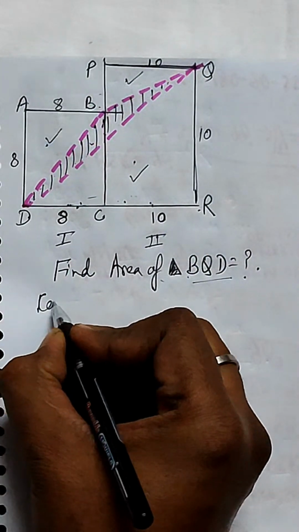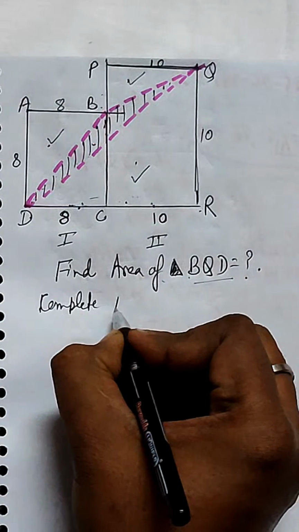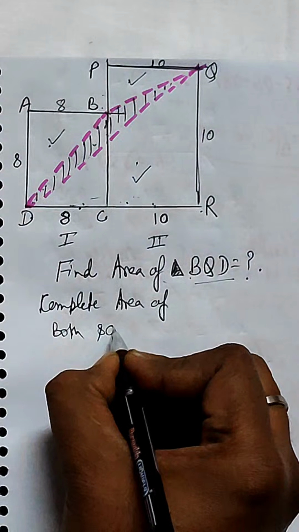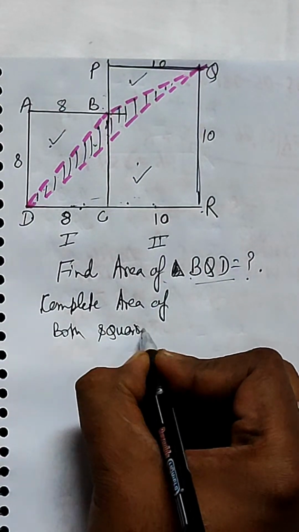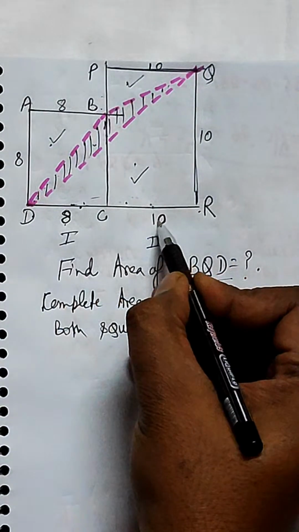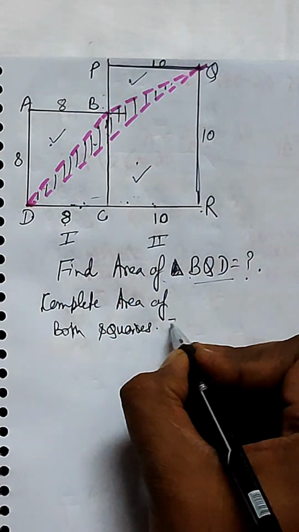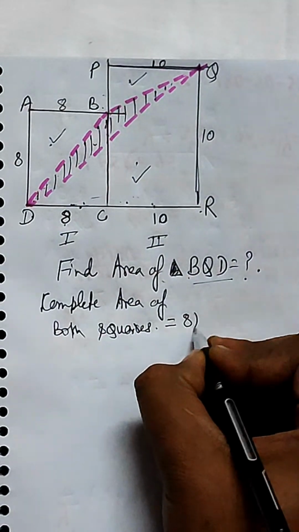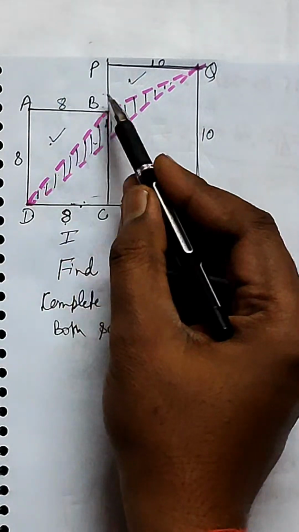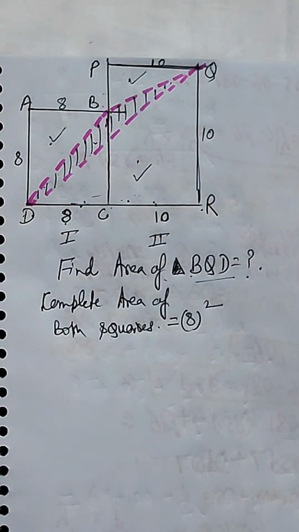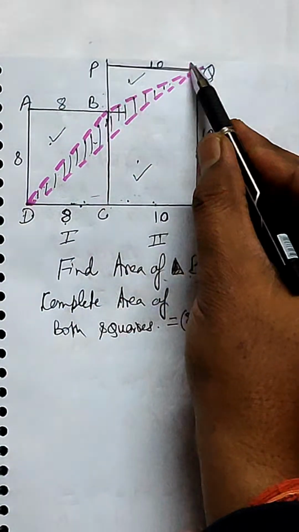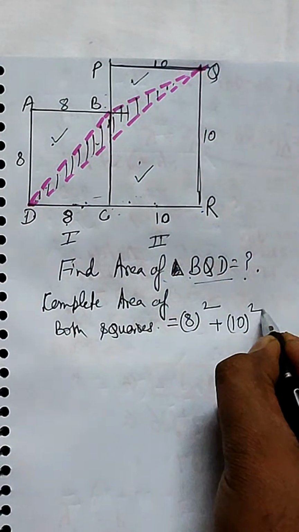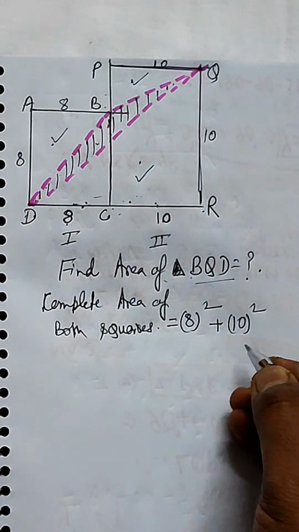So let us find the complete area of both the adjoining squares, with sides 8 and 10. You know that if the side of the square is given, then the area of the square is side squared. So 8 squared is the area of square ABCD. Now what is the area of square PQRC? This will be 10 squared, applying the same formula, 10 into 10.